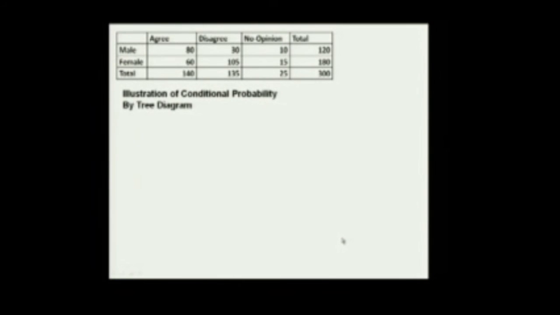We can also illustrate the conditional probability using a tree diagram. Let's look at this case here. We have male and female. Now, the probability of male is 120, that's the male, divided by the total, which is 300. That's obvious. The probability of female is 180, which is the total female, divided by 300.